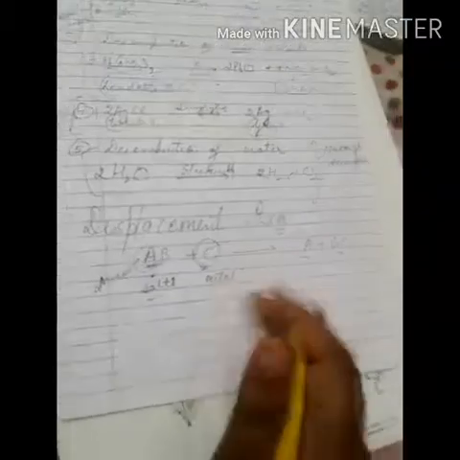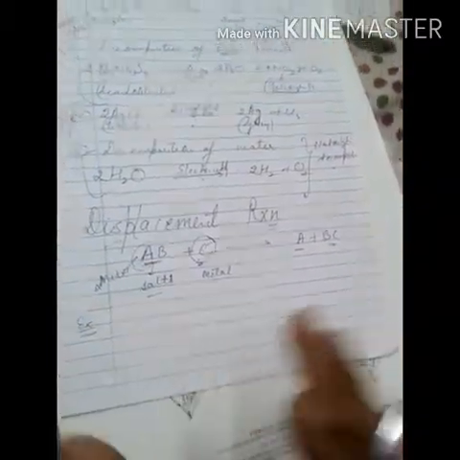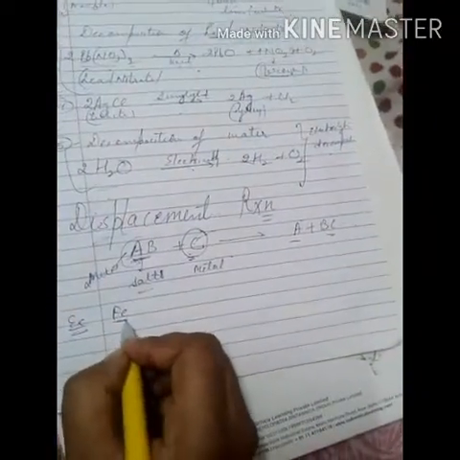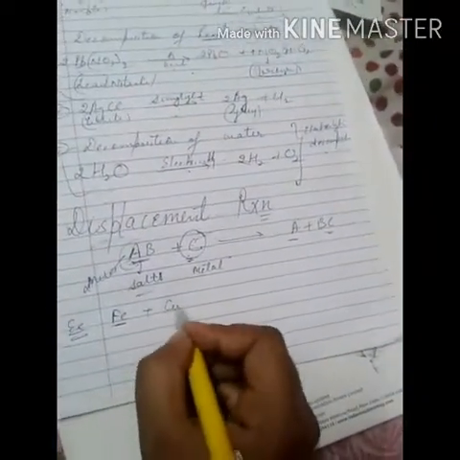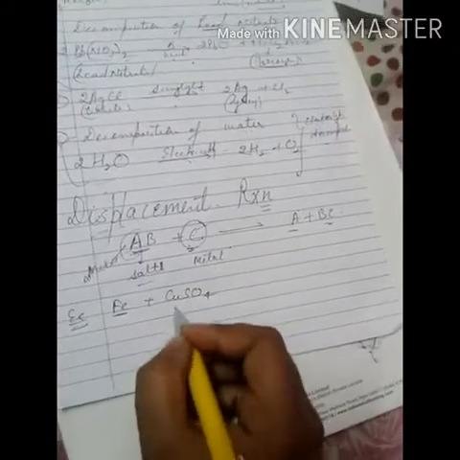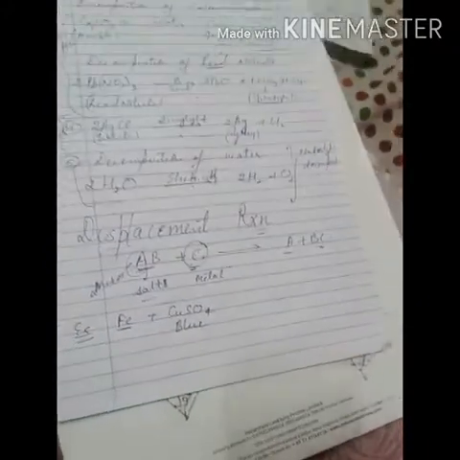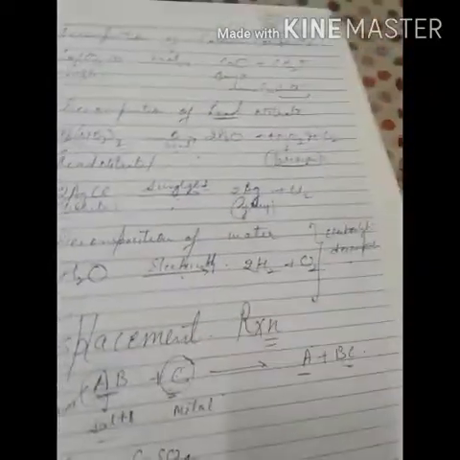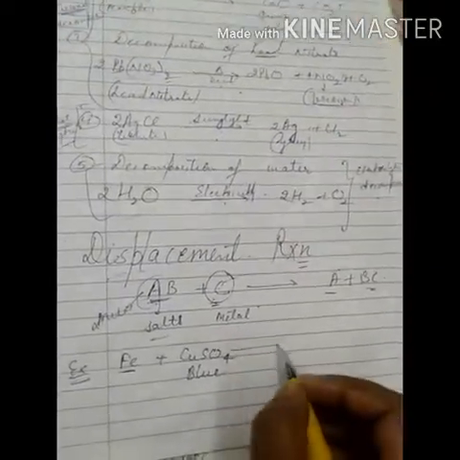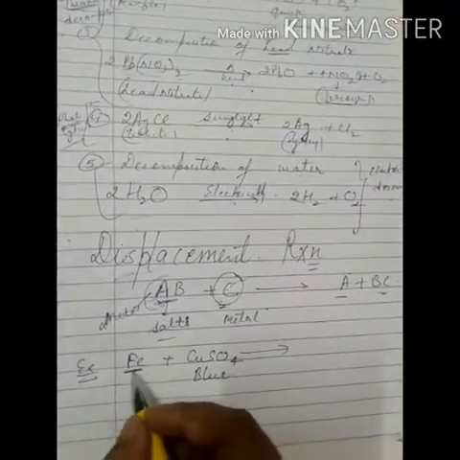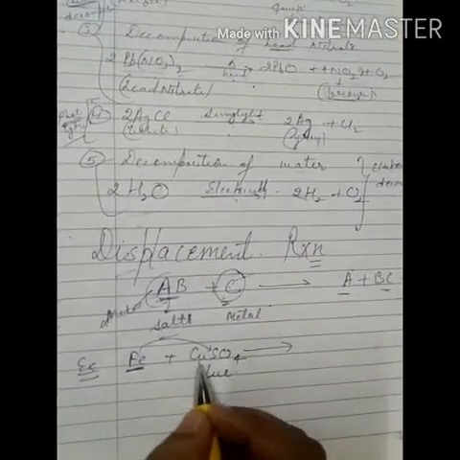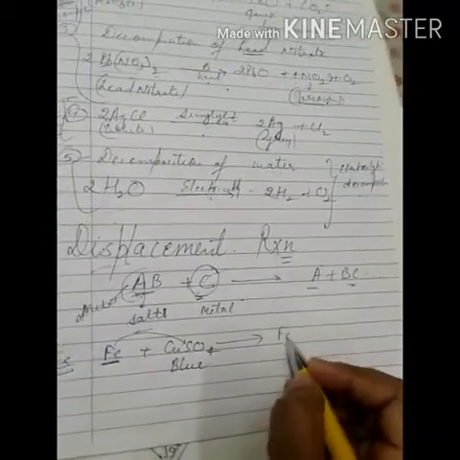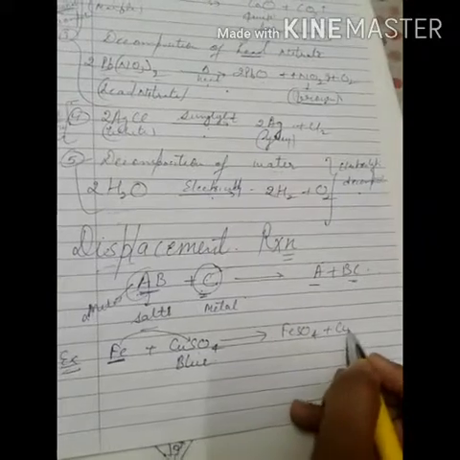Now let us quote some examples. The very famous example, from which a lot of questions are asked: when we dip iron into a solution of copper sulfate, the solution is blue in color. What happens after keeping the solution for some time? After a few minutes, the iron takes the position of copper, and the copper comes out from its salt, and the product is FeSO4 plus copper.